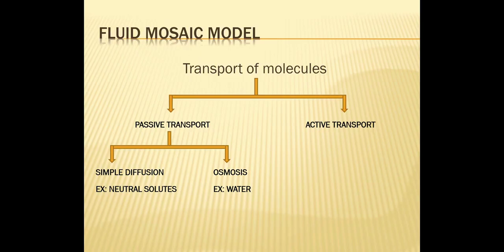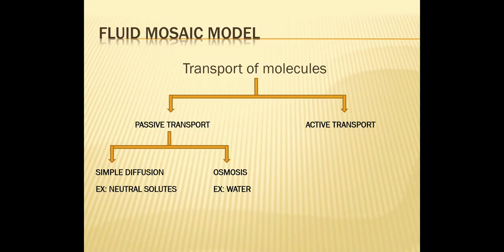And second one is osmosis. In osmosis, you will find movement of solvent takes place through semi-permeable membrane from lower concentration to higher concentration. And the best example is water.